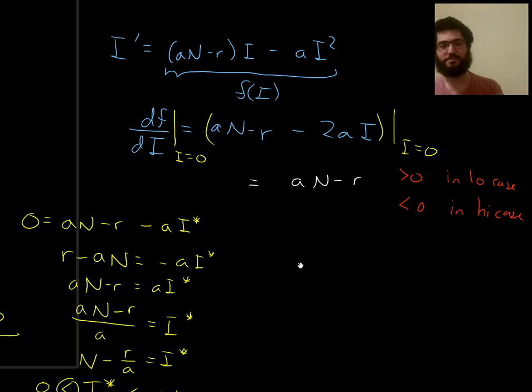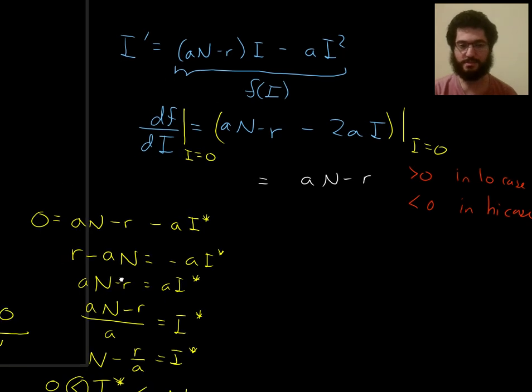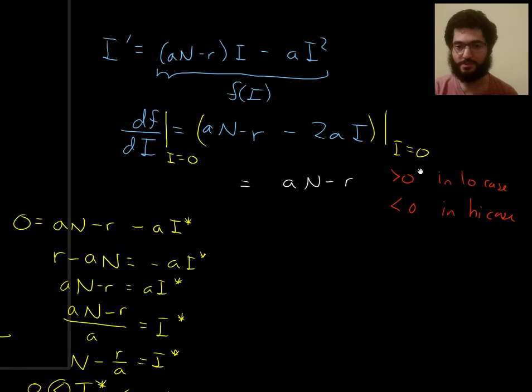Okay, so that's pretty interesting. So let's remember what happens when this derivative at a critical point ends up being positive. That corresponds to, as you increase I, I prime also increases. And as you decrease I, I prime also decreases. That's instability, or that corresponds to having an unstable equilibrium. So in the low recovery case, the critical point I equals 0 is an unstable equilibrium.